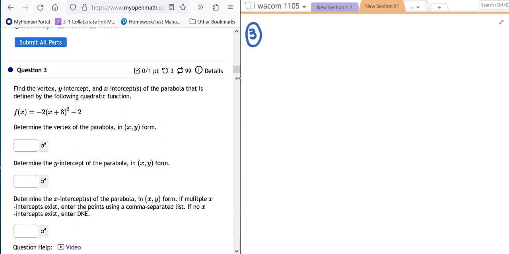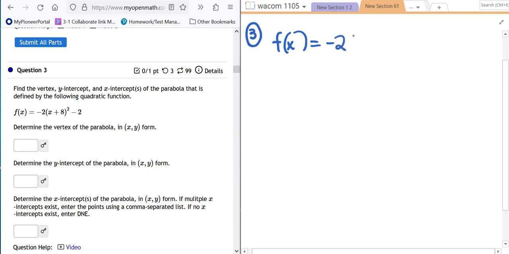Right, and they're giving us a function, f of x equals negative 2 times (x plus 8) squared minus 2. All right, it says find the vertex and the y-intercept, and it asks us about the x-intercept.